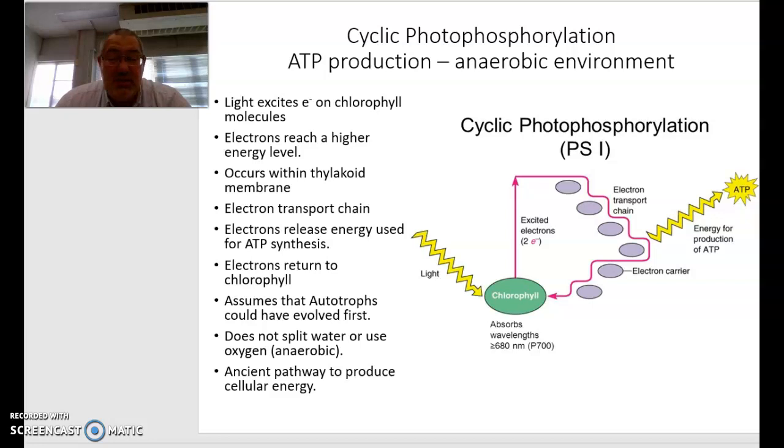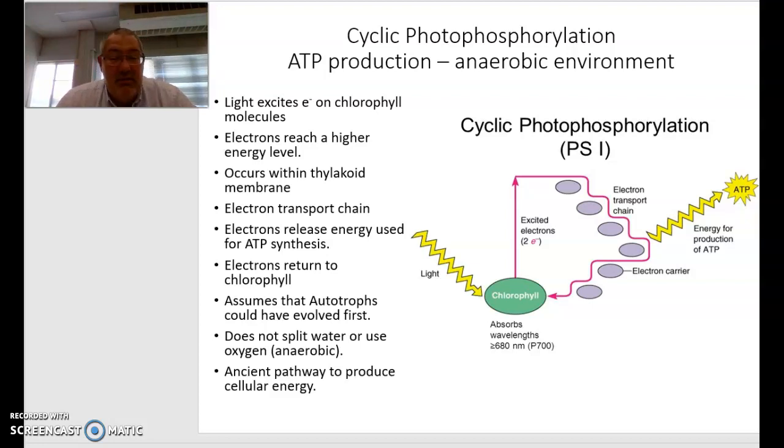When the electrons are passed through this set of proteins, they slowly release energy, and this energy that they release is actually used to form a chemical bond between ADP and an inorganic phosphate group to form ATP, the energy currency for cellular work.